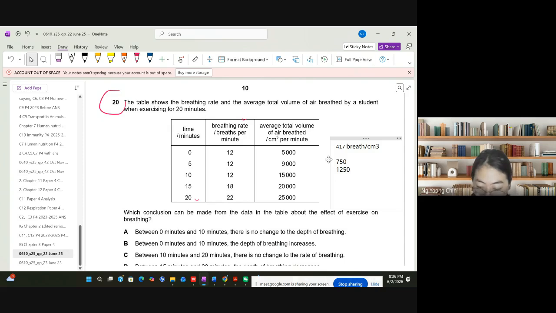How about 20,000 divided by 18? You get about 1111. And for the 25,000 divided by 22, you get about 1136.